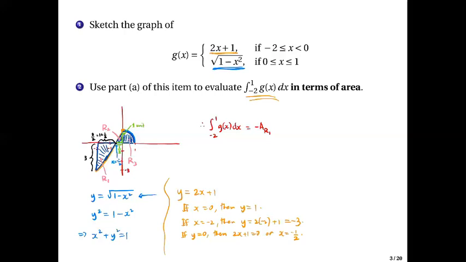It's negative because, as you can see, this is below the x-axis, so you need the negative of the area. And then plus the area of region 2 plus the area of region 3. These two are plus because they are both above the x-axis.